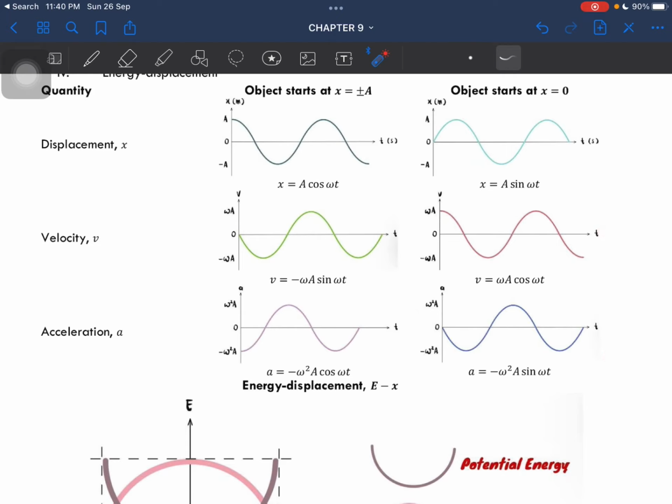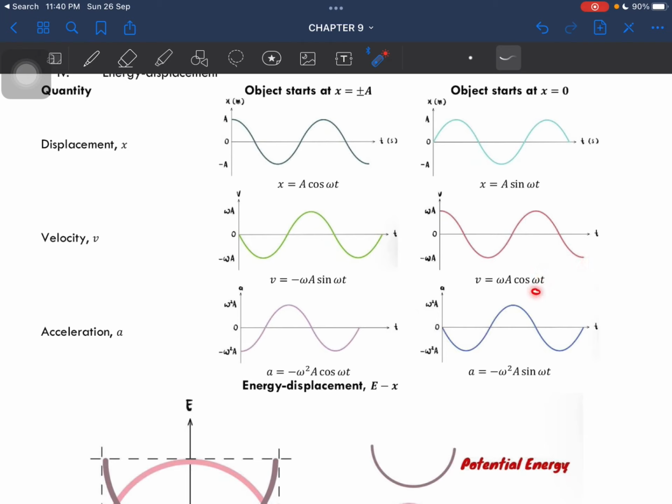So at this point, the displacement starts at the equilibrium point. So the graph will basically start like this, and then if it asks you to find the velocity and acceleration graph, just derive this equation and then you'll get to this equation. So if you don't know how to start, you just let t here equal to 0.